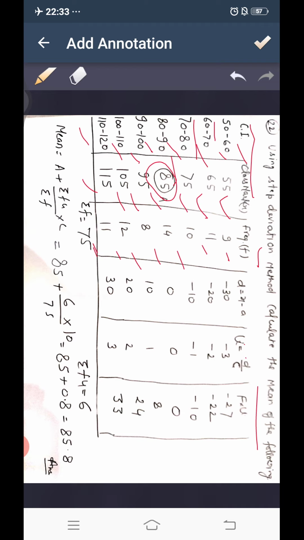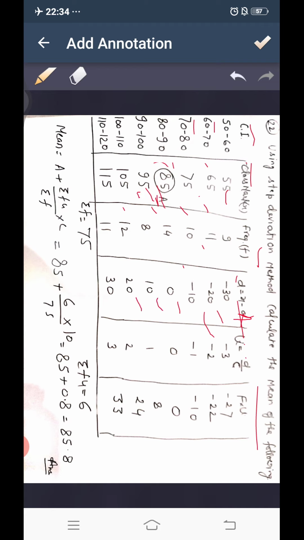Now we find out deviation D, that is x minus assumed mean A. So we get 55 minus 85 equal to minus 30. 65 minus 85, minus 20. 75 minus 85, minus 10. 85 minus 85, 0. 95 minus 85, 10. 105 minus 85, 20 and 115 minus 85, that is 30.